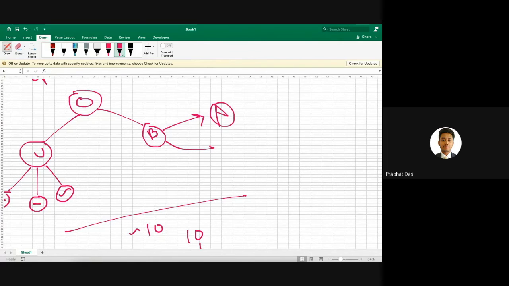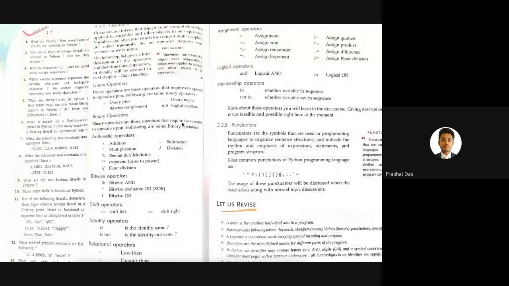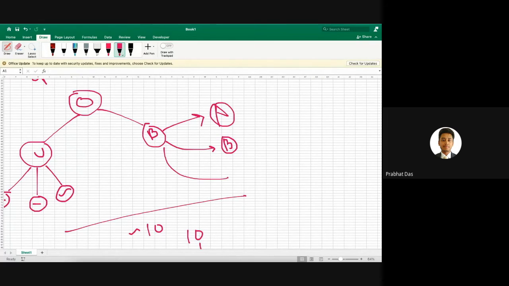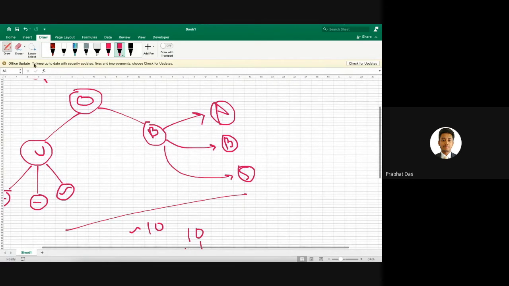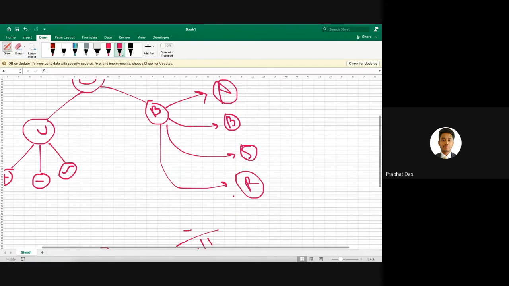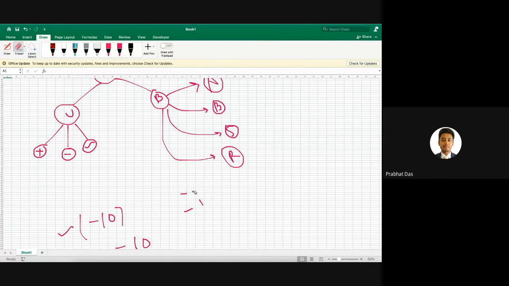The second one that we have is the bitwise operator, followed by the shift operator, then we have the relational operator, followed by the logical operator. Then we have the assignment operator.